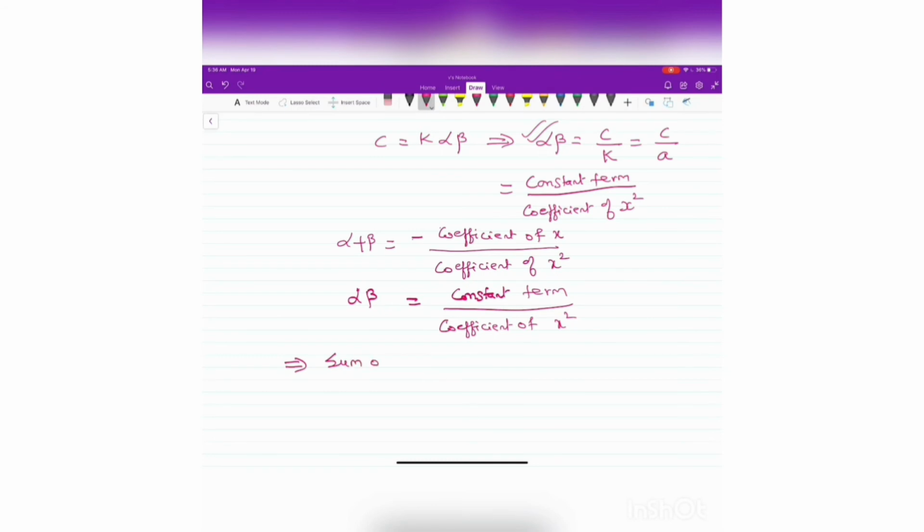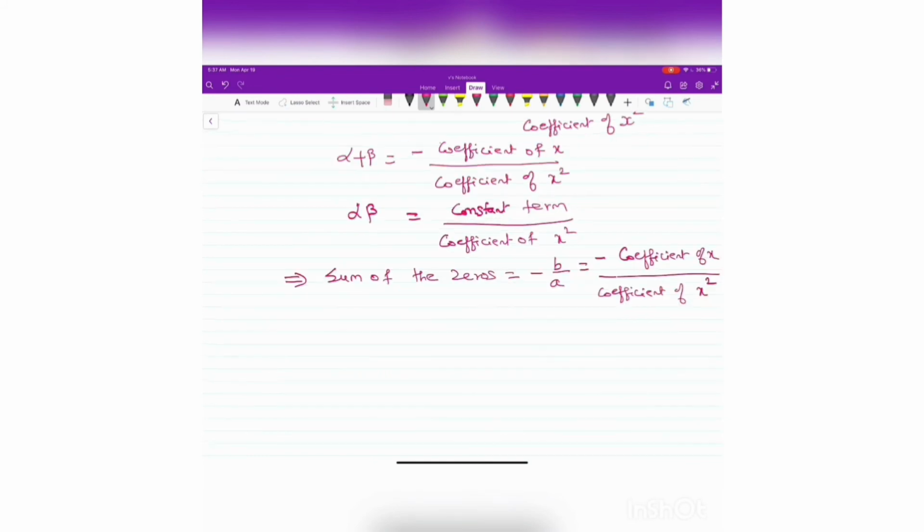Or in other words, I can write this as sum of the zeros is equal to minus b by a, which is equal to minus coefficient of x by coefficient of x square. Product alpha beta is nothing but product of the zeros.